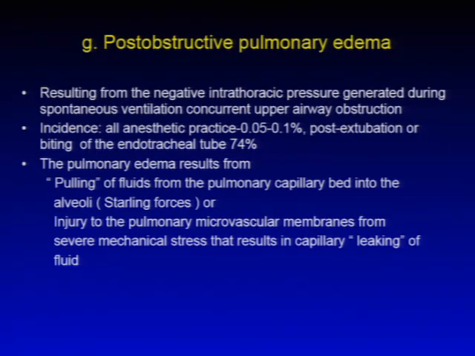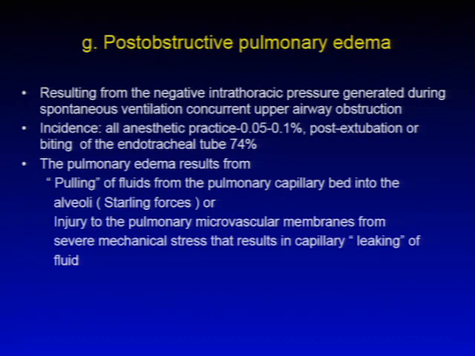Part G is about postoperative pulmonary edema. It results from negative intrathoracic pressure generated during spontaneous ventilation against upper airway obstruction. The incidence in anesthetic practice is about 0.05 to 0.1%.